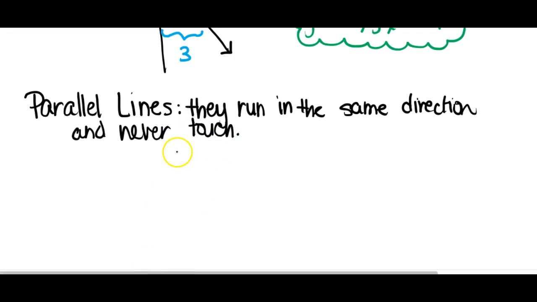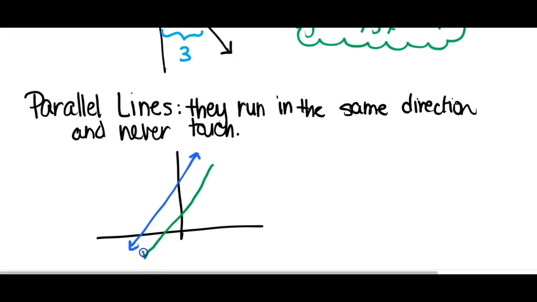You guys already know I can't draw a straight line, so let me just show you. So this blue line, and ideally, this green line are parallel, they will never touch. The cool thing about this, parallel lines have the same slope.